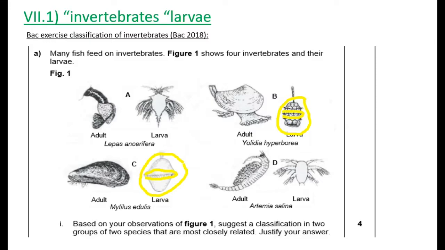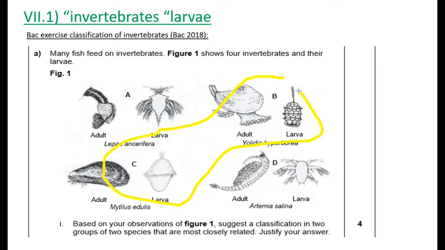So by looking at the larva stages, we can make two groups. B and C seem to be quite similar, so we could say that they're one group, and A and D are going to be another group.